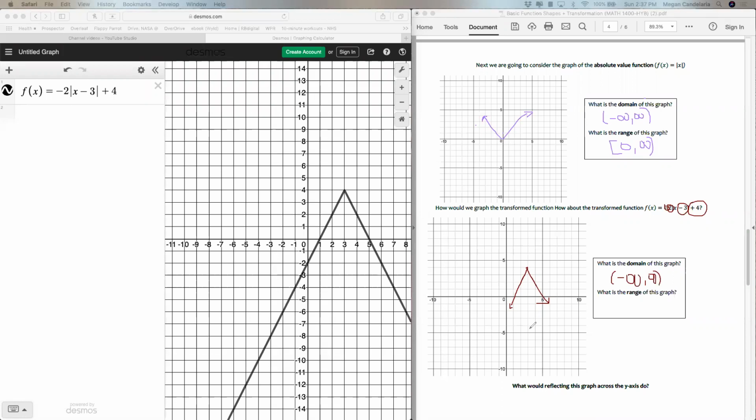Our range is different though. Think about what our range will be. We want to kind of highlight it. Our range, right, is going to be all the y values down here, right? Eventually this is going to come down and cover all of these y values. So we can think of our range as being all numbers smaller than 4. And how do we write all numbers smaller than 4? Well, we start at the smallest number.